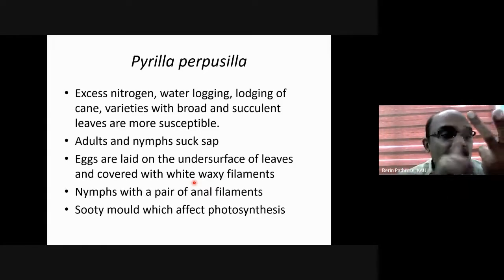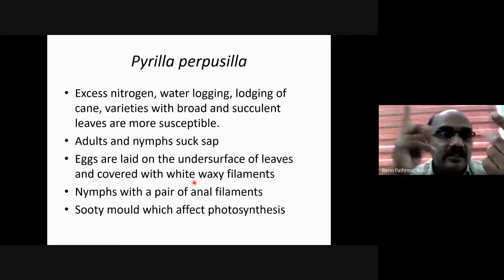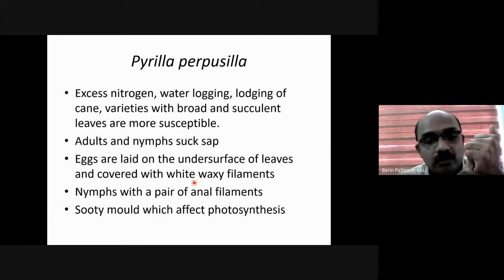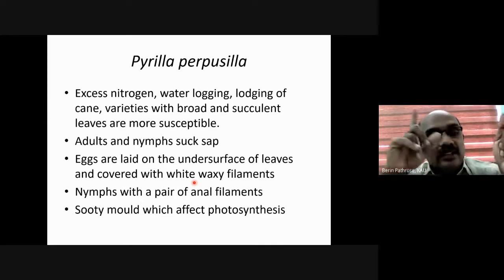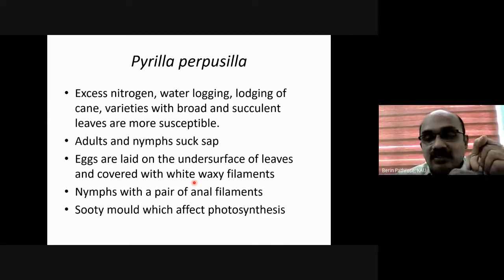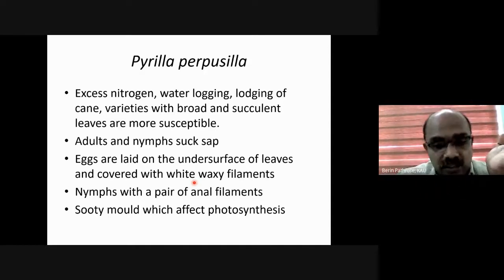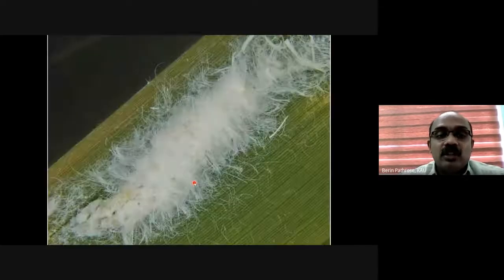So, excess irrigation, excess nitrogen, lodging of the canes, and varieties with broad succulent leaves are extremely susceptible. Then eggs are laid on the undersurface of the leaf, covered by white waxy filaments. It has two anal filaments, and it excretes honeydew, leading to the formation of sooty mold.